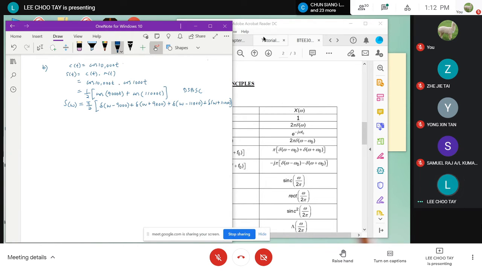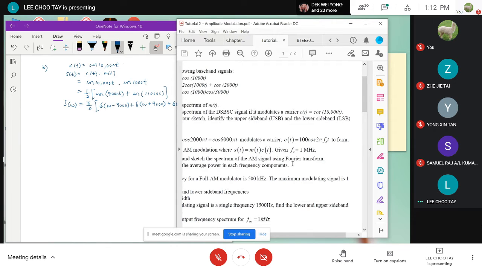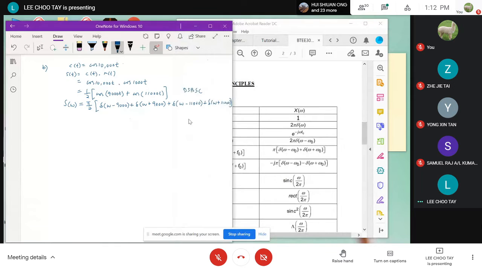On your spectrum, you just need to draw. What did the question ask? Let me go back. Then your spectrum will be like this. Again, this is omega in radian per second, and this is my S omega.